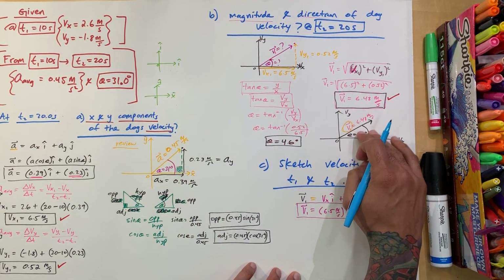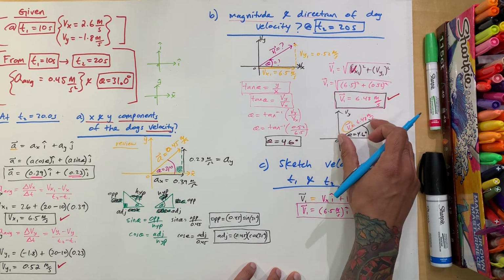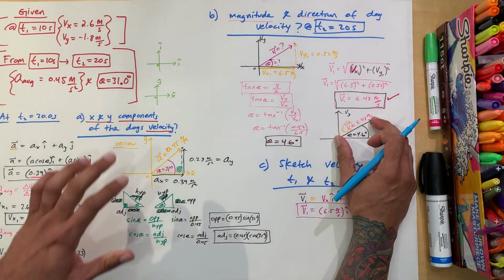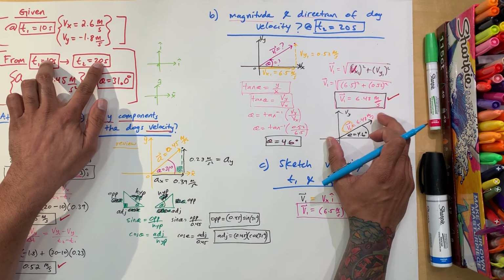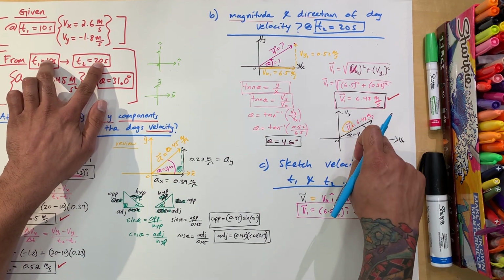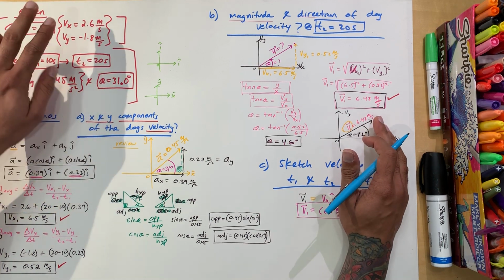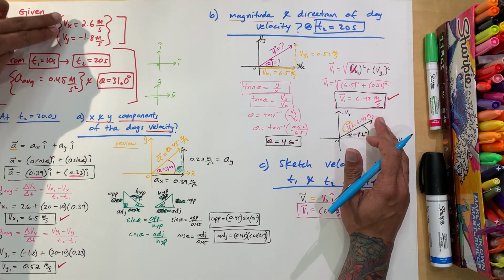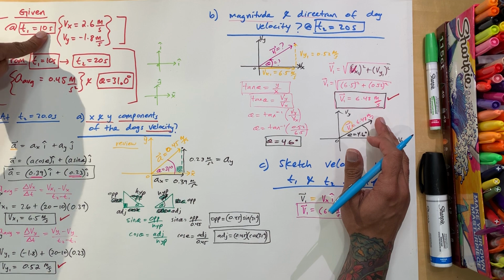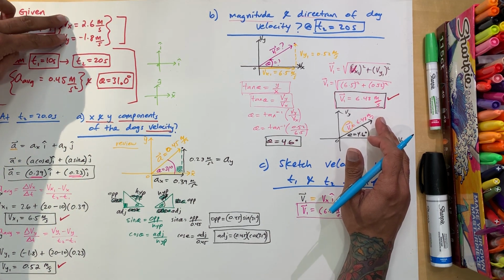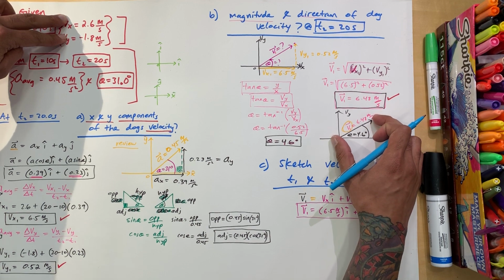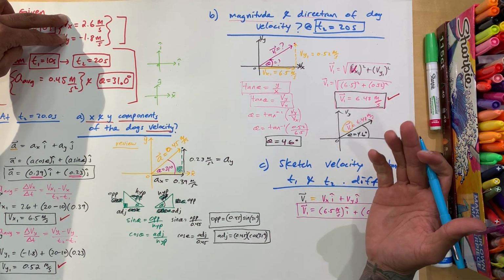This right here is the change that happened, where we're looking at a time interval of 10 to 20 seconds. Now we're gonna go back to the original numbers, the ones at 10 seconds, and find the magnitude and the angle.